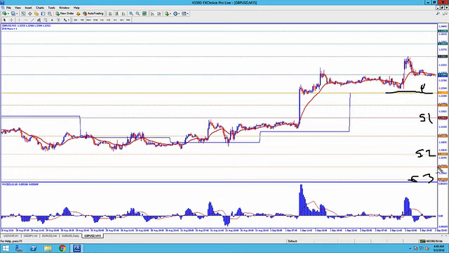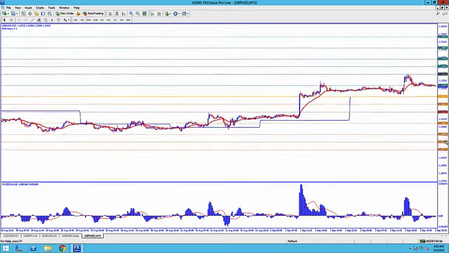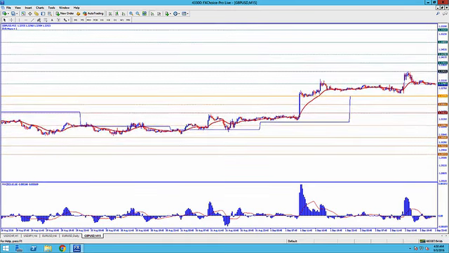S3. The ones in the middle are a lot of times also used as support and resistance, but the main pivot levels are the pivot, support 1, support 2, support 3, and also you can look above, and you have the pivot, then you have resistance 1, resistance 2, and resistance 3.